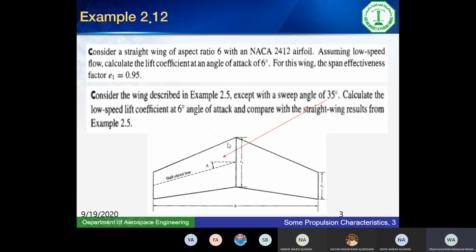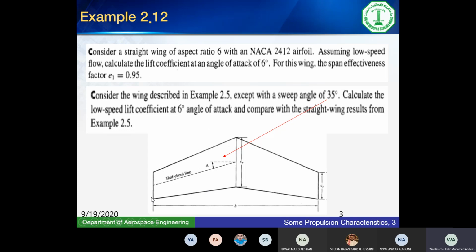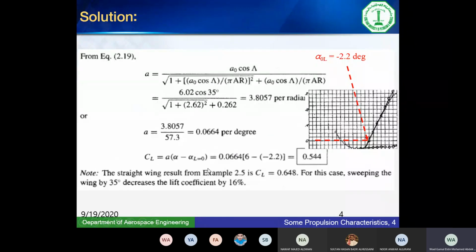When we swept the wing backward, just like this one, it went even lower and it became 0.54. Okay, so now you see the effect of each of the finite span, as well as the sweep angle. Both would reduce the lift from what you had in the 2D section. So the decrease was about 16% for sweeping the wing backward.